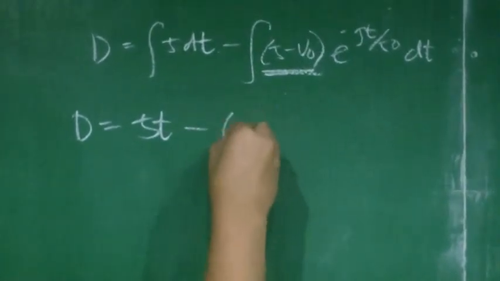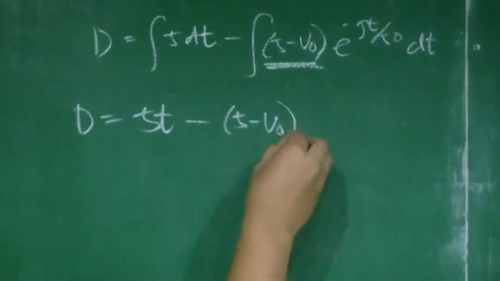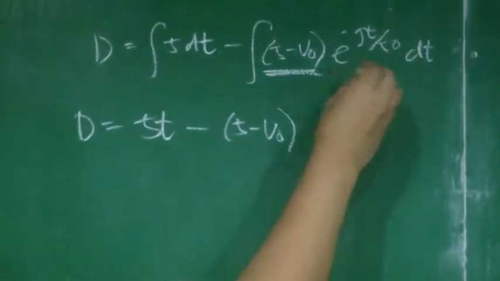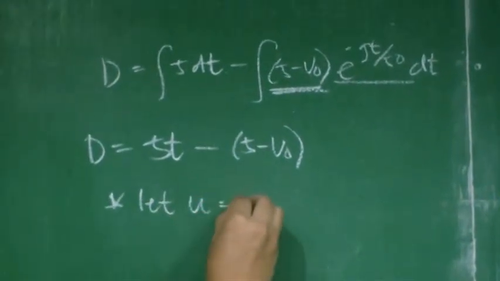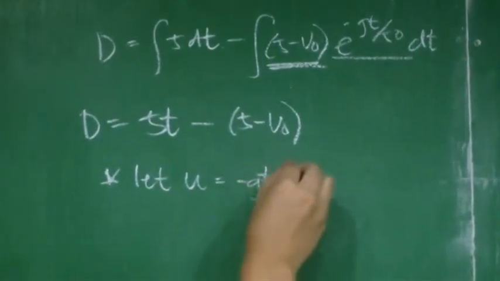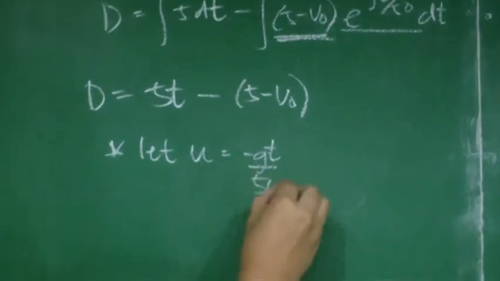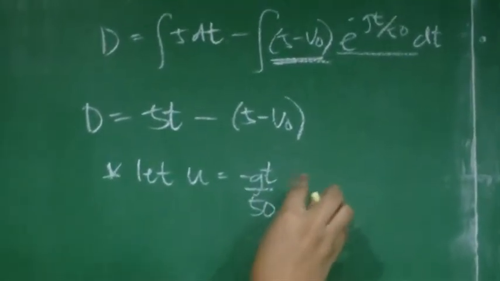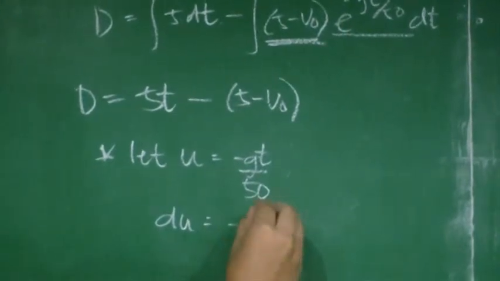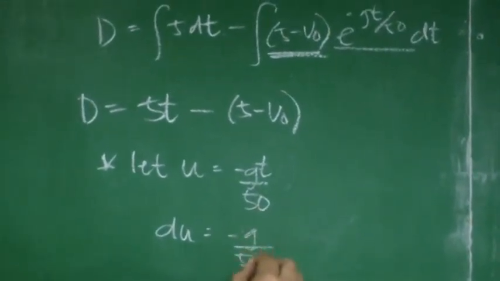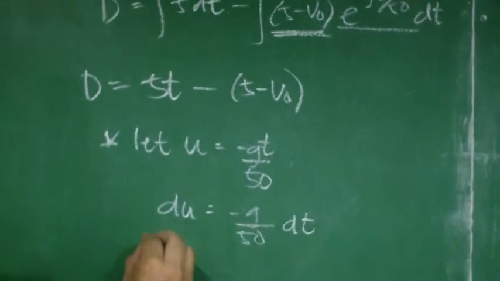So it's (5 minus V0) times, now this we let u is equal to negative gt over 50, then du is equal to negative g over 50 dt.